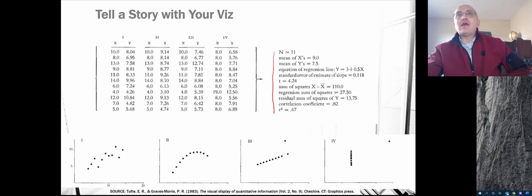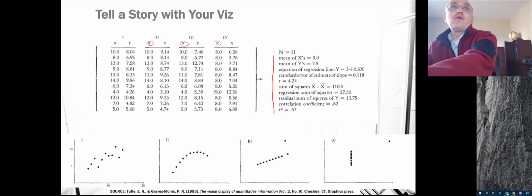Now, the interesting thing is if I took the mean of all these x's, interestingly, the mean of all the x's ends up being 9.